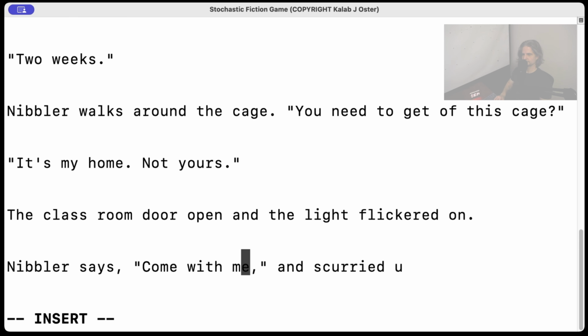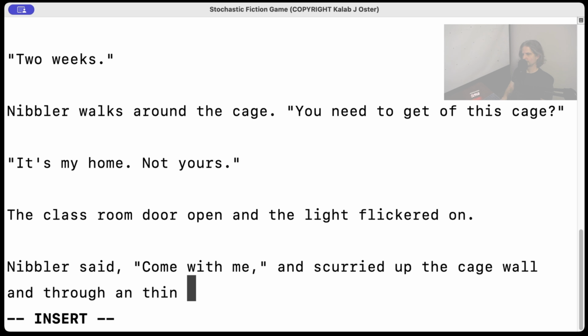Nibbler said, and scurried. Up the cage wall and through a thin gap in the ceiling.